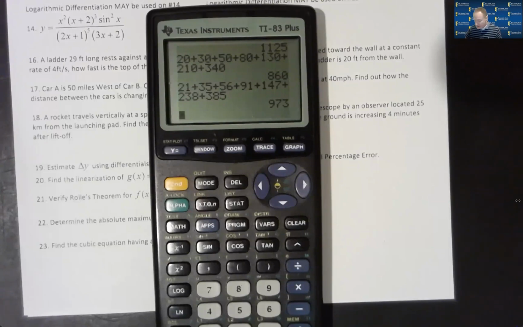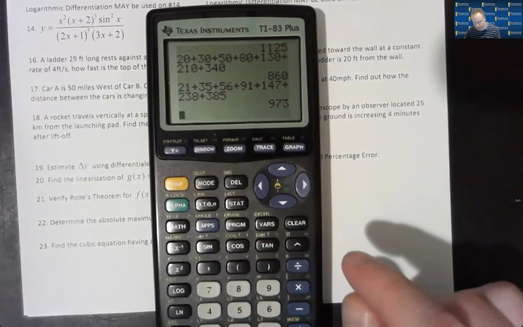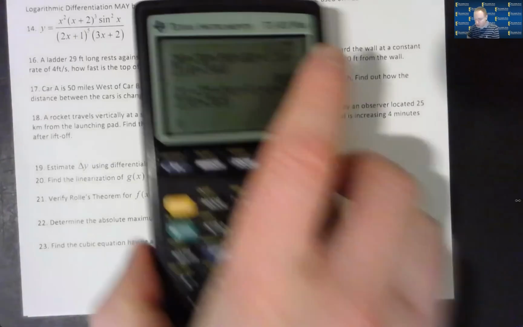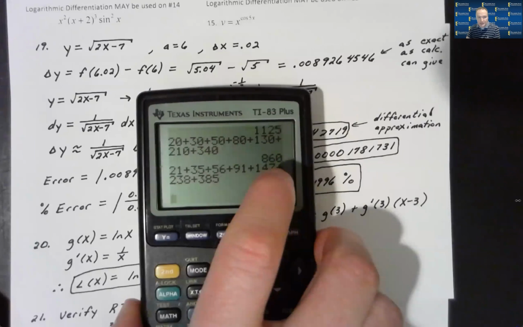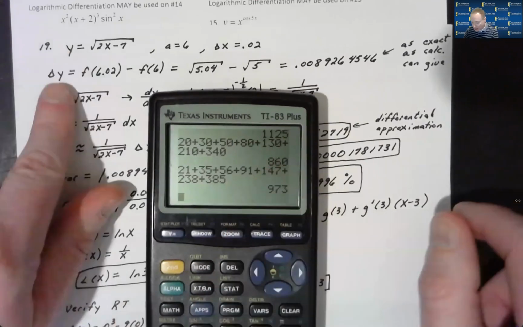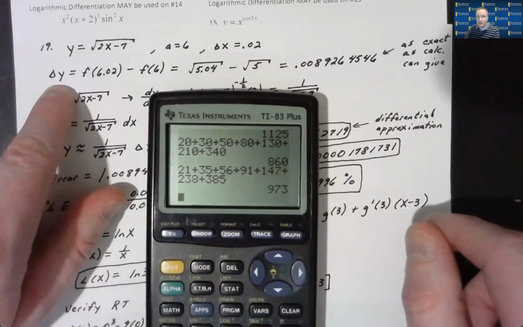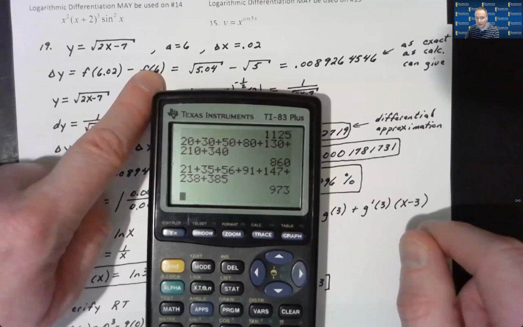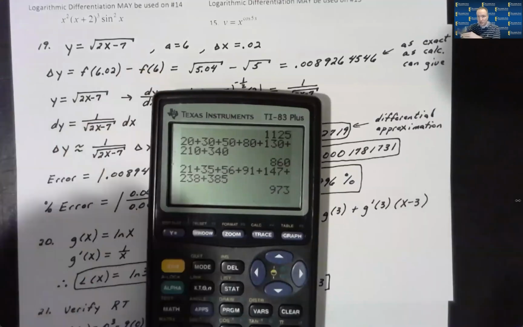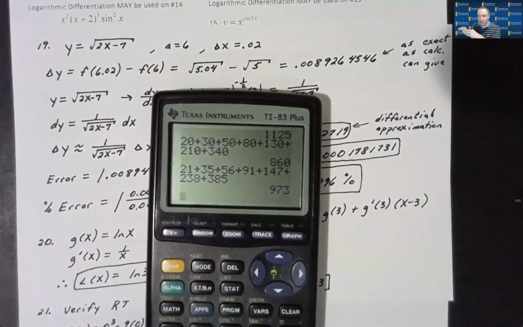So when I try this on the calculator, I'll go to my page to show you what I was putting in here. I said, the actual change in the y values here is just the function evaluated at a plus delta x minus the function evaluated at a. In this problem, that's the change in the y value, f of 6.02 minus f of 6.